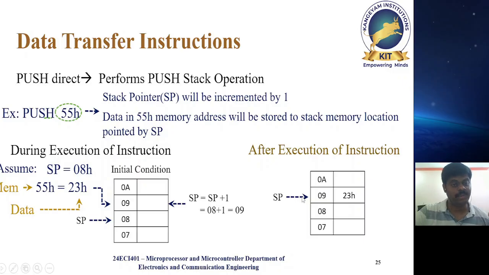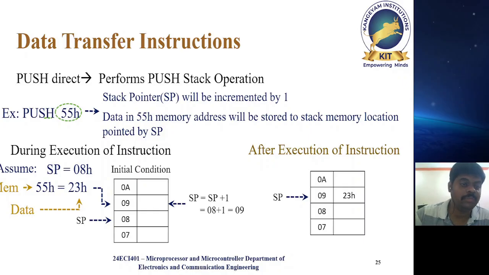I am repeating again what is happening here. PUSH is a stack operation. Whenever a PUSH operation is called, the stack pointer will be incremented by 1. After that, whatever data is pushed will go to the memory location pointed by the stack pointer.